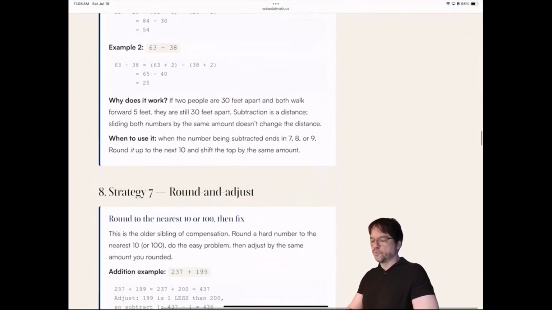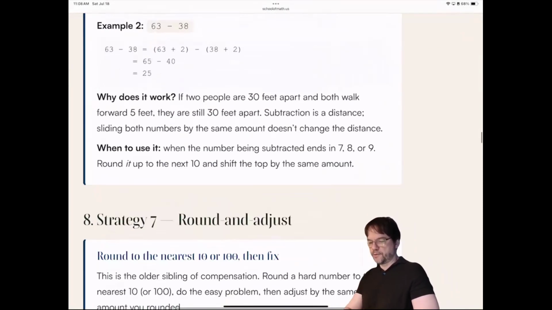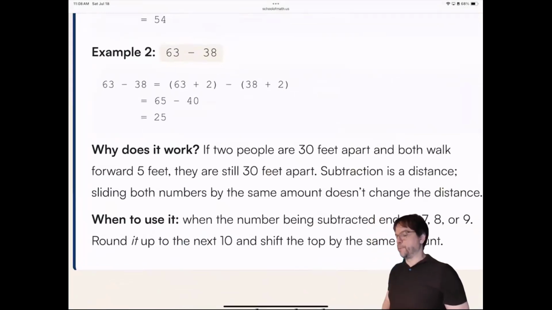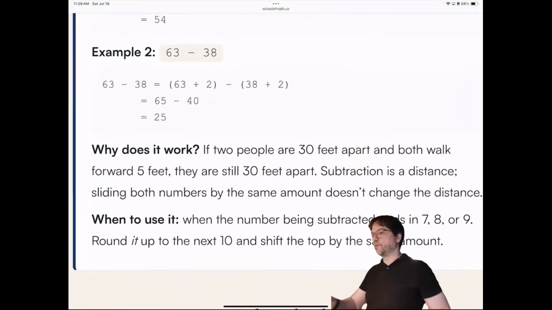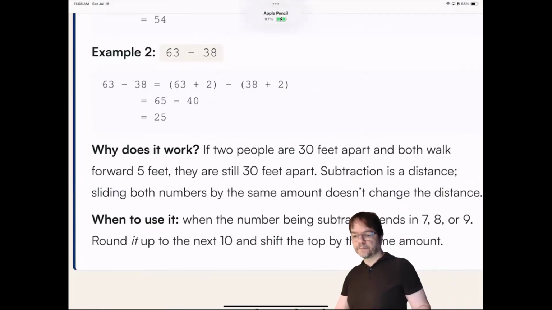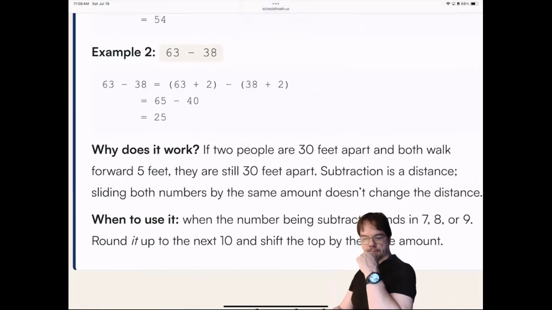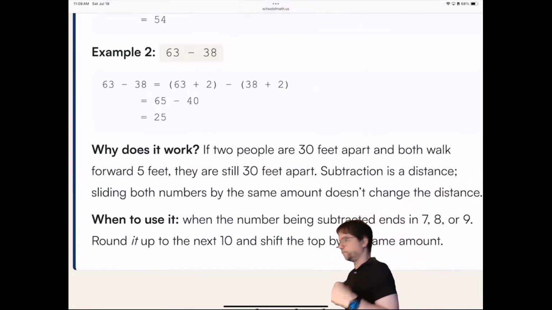Before we proceed, please do on paper 63 minus 38. Try to do it. 63 minus 38. Go ahead.